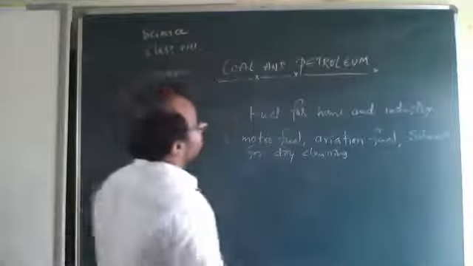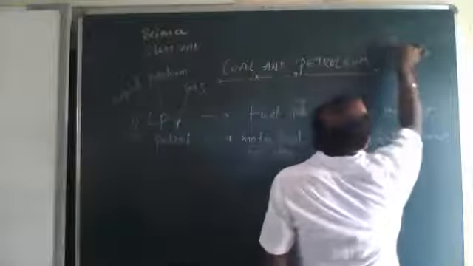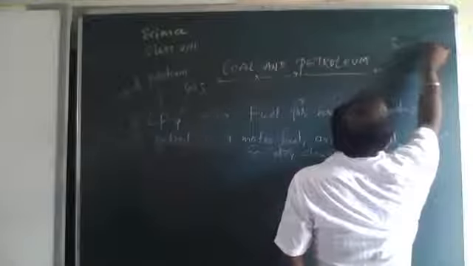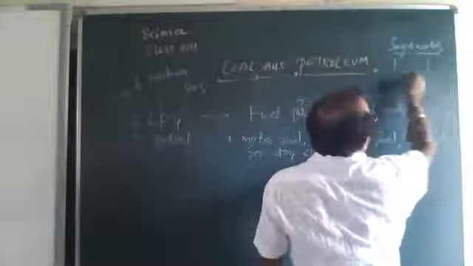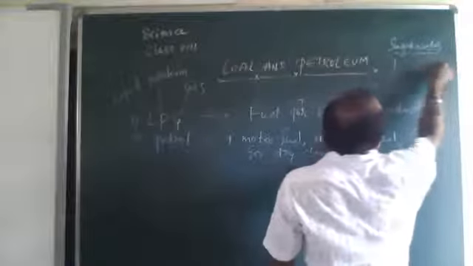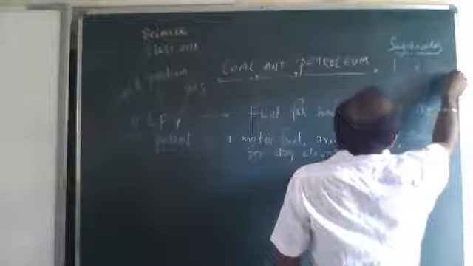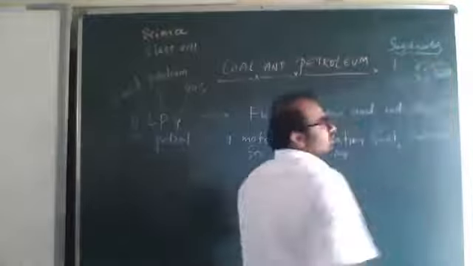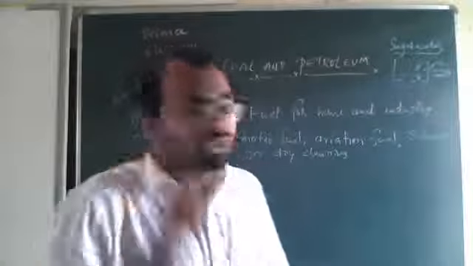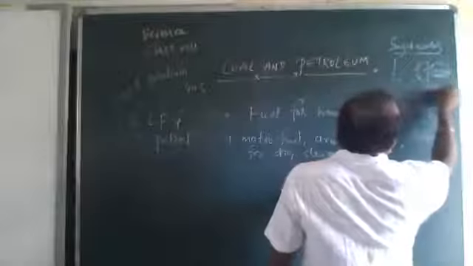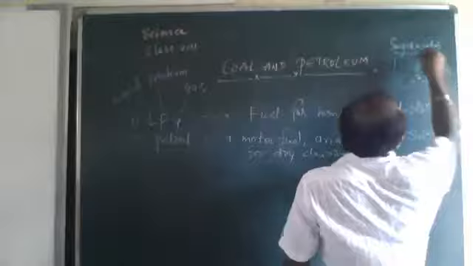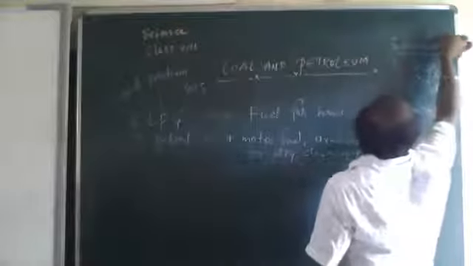For example, if you take some water and mix sugar in it, what happens to the sugar? It dissolves. So here sugar is the solute, and water is the solvent.